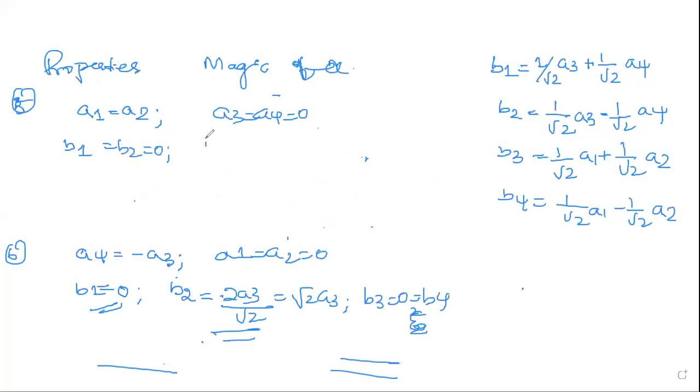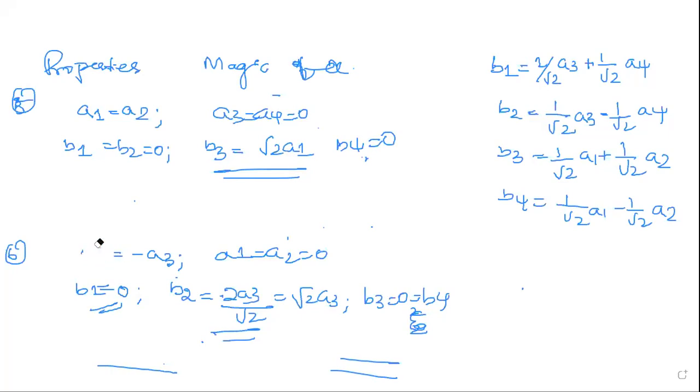What about B3? Substitute A2 as A1, and it will be root 2 A1. Similarly, your B4 will be 0. So again, this is an additive property with the whole sum appearing across your B3. Rest all ports will be 0.